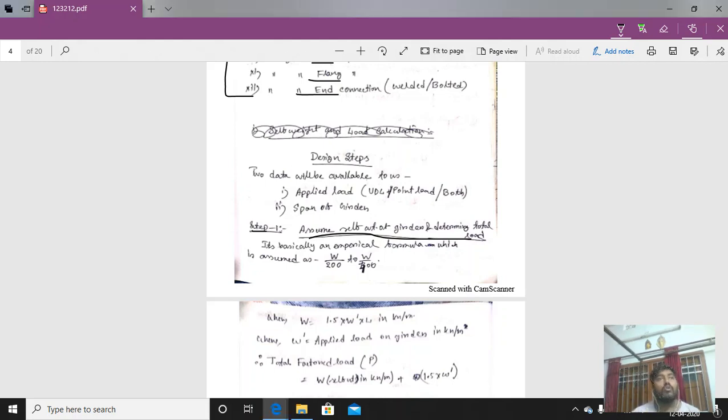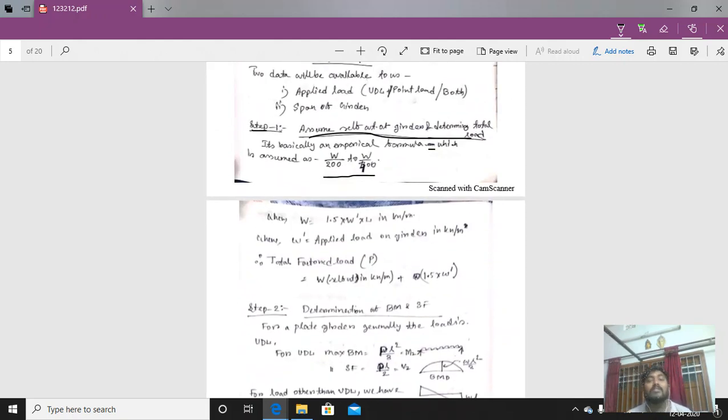So we do not know the weights of the various members in a plate girder, so we have to assume the self weight. Basically an empirical formula is used, which is W by 200 to W by 400. The self weight of the plate girder is assumed in between that.